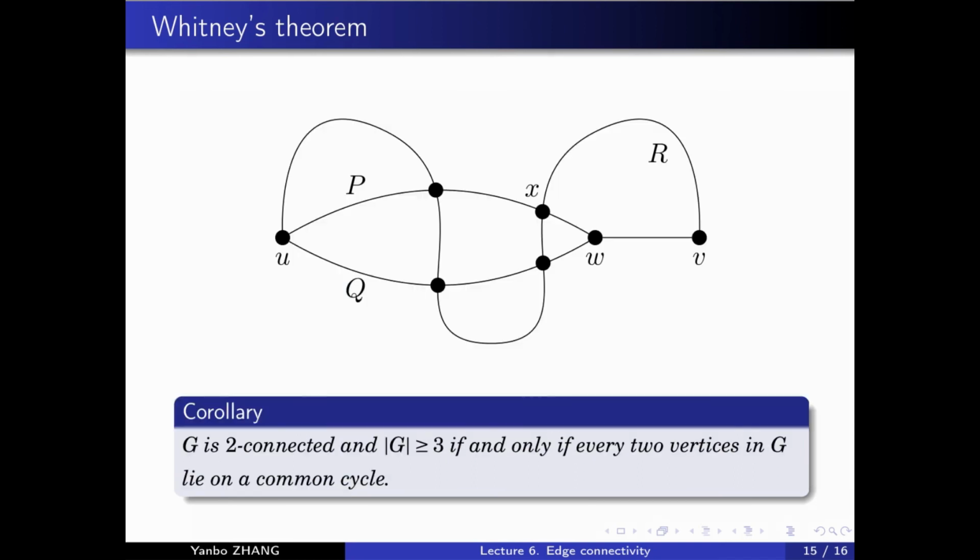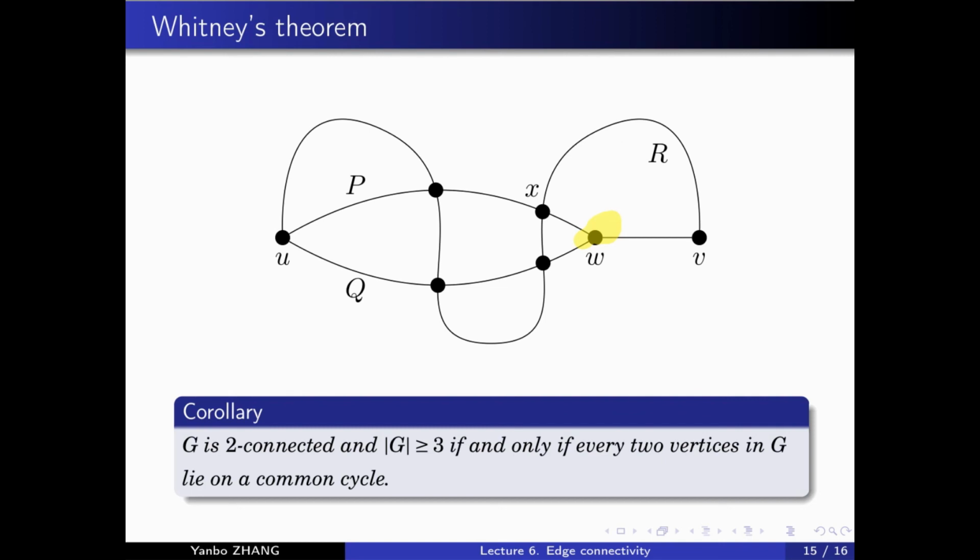Let's use this graph to make a better illustration. The distance between u and v is k. We cannot use the induction hypothesis directly, but let w be a vertex before v on a shortest u-v path.